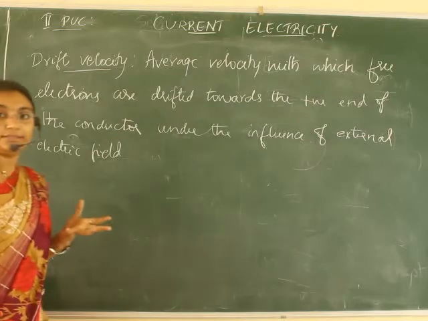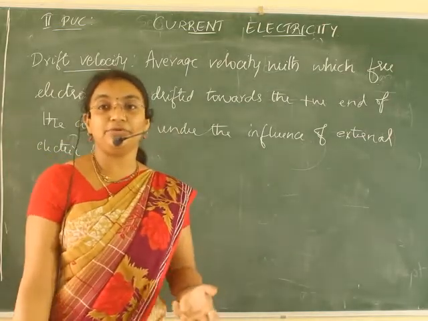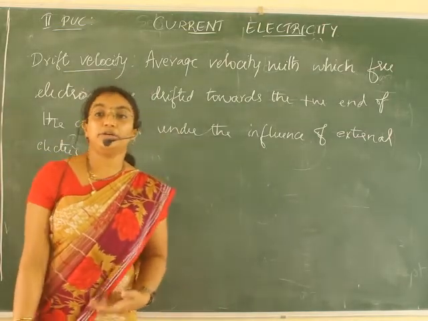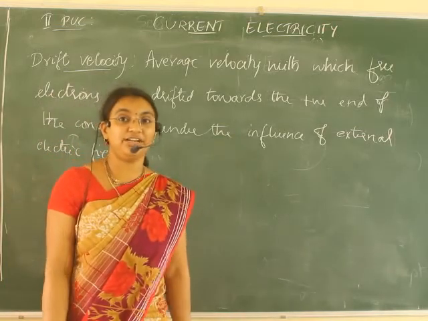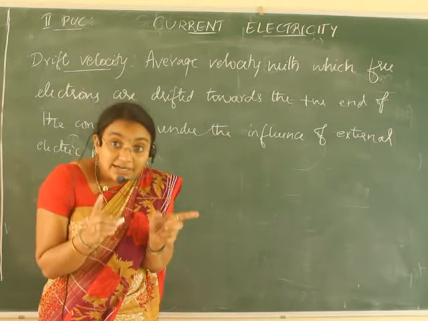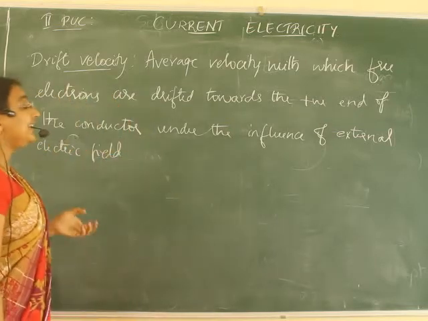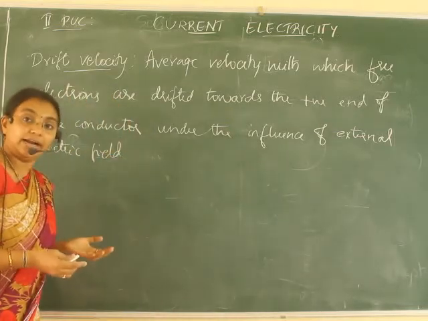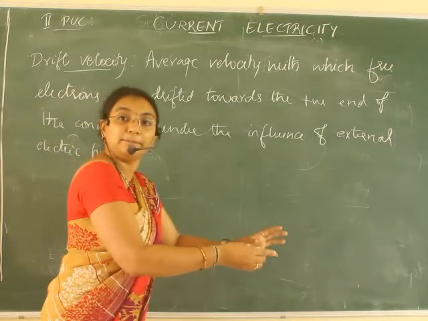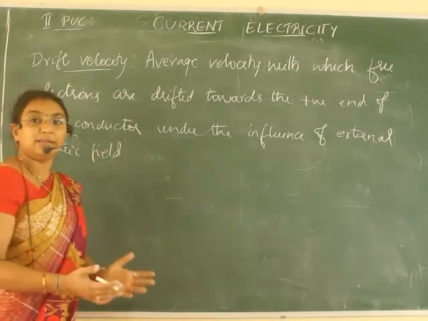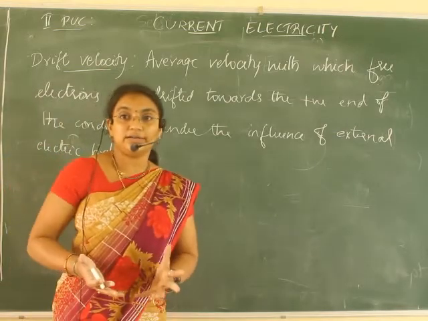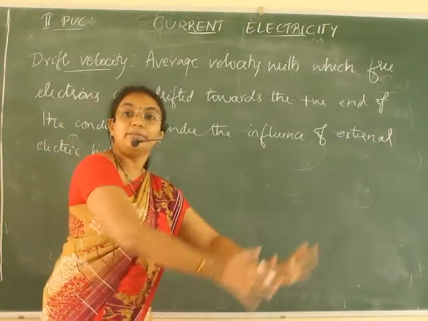See, I said the free electrons will be moving, correct? But to make them move in one particular direction, we have to give a potential difference. When the potential difference is given, the electrons are drifted and made to move in one particular direction. Drifted just means hold it and make it move.